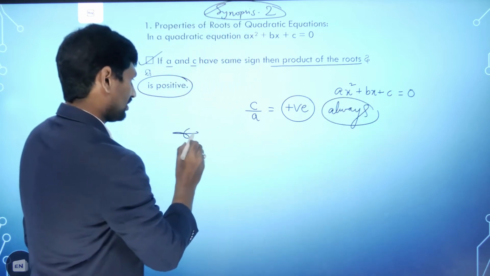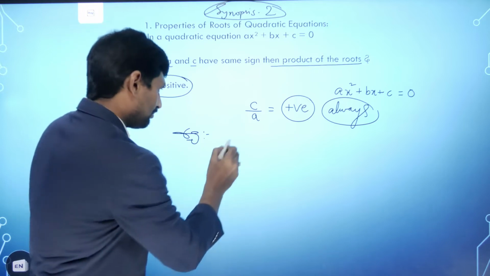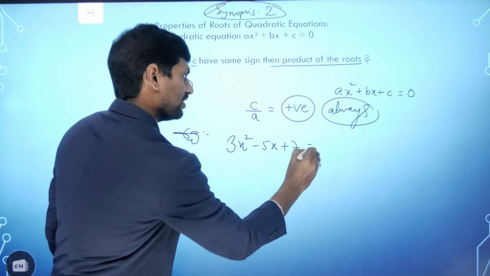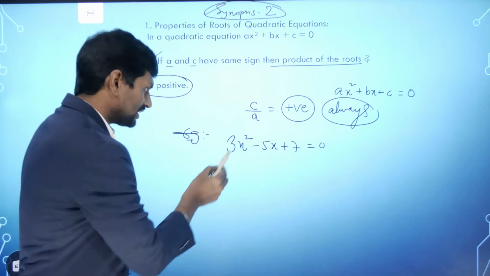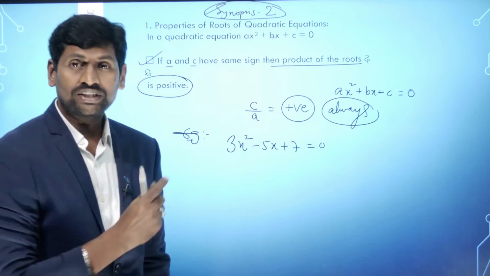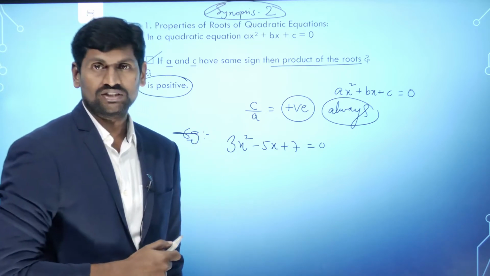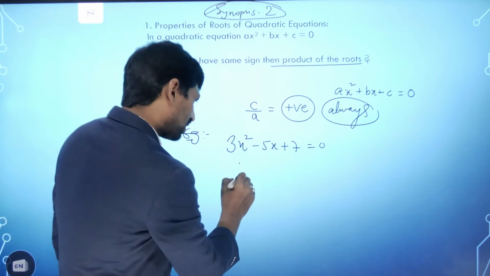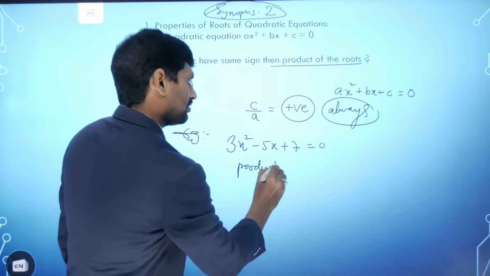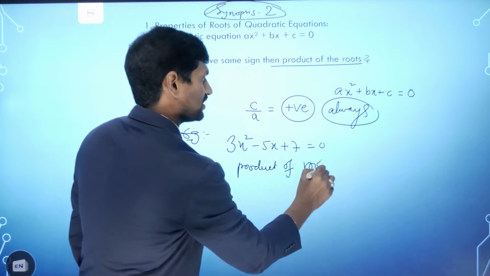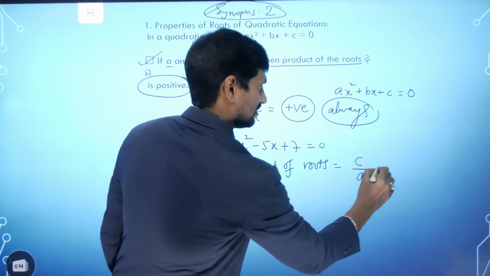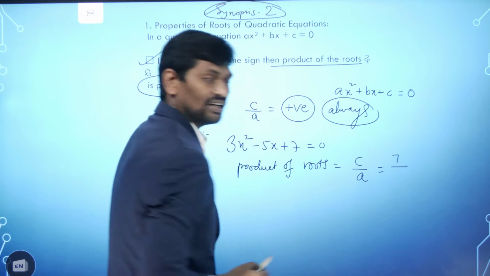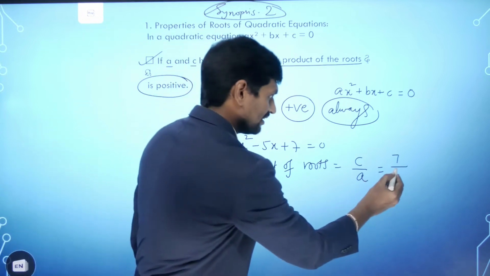Let us see one example here. For example, 3x square minus 5x plus 7 equal to 0. What is A value here? 3. A is nothing but x square coefficient. 3 is positive 3. And C value is 7. What is the product of roots? Product of roots formula is constant term by x square coefficient. Constant term is 7 and x square coefficient is 3.